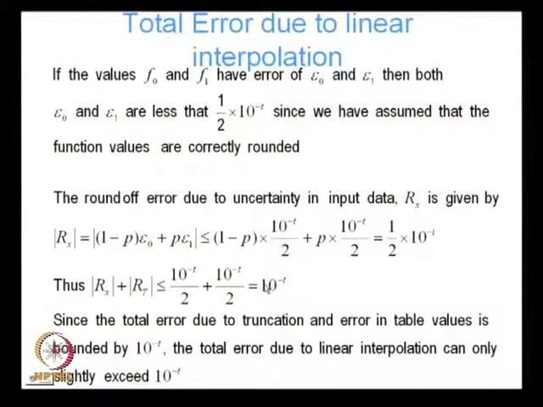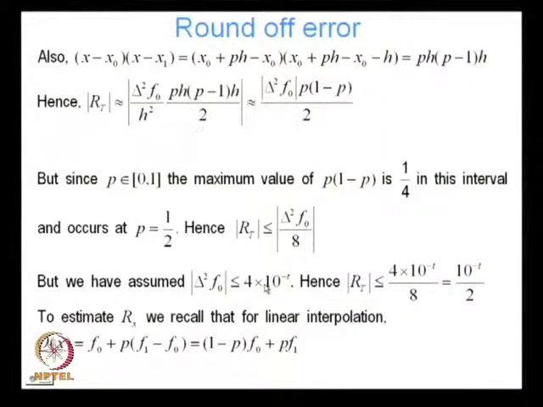So, that tells me that if this condition is satisfied, and I have calculated my function values correctly up to t decimal places, then if I do a linear interpolation, I can be assured that the error due to linear interpolation will be of the same order as my round off error.